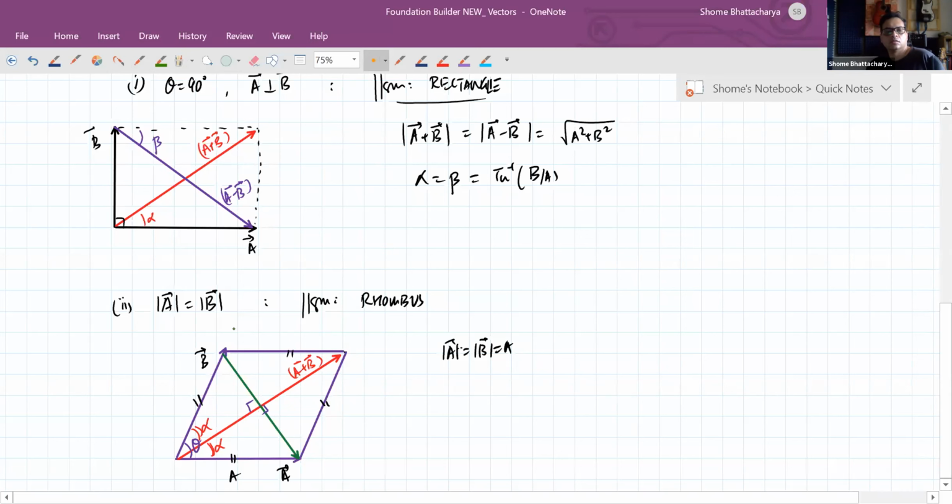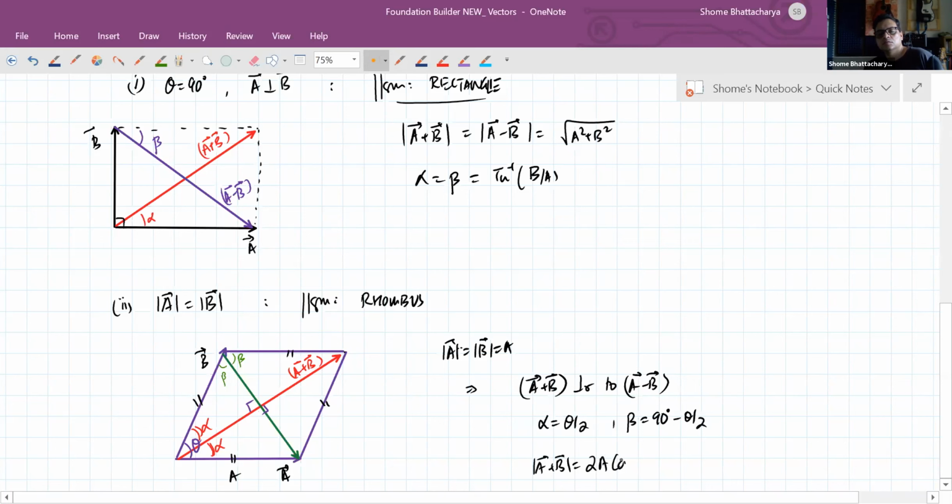and this angle becomes equal to this angle. So based on this, we saw we have the special formula that, including the special properties, A plus B is perpendicular to A minus B, and alpha is equal to theta by 2, beta is equal to 90 degrees minus theta by 2, and we have the formula that magnitude of A plus B becomes 2A cos theta by 2, and magnitude of A minus B becomes 2A sin theta by 2.